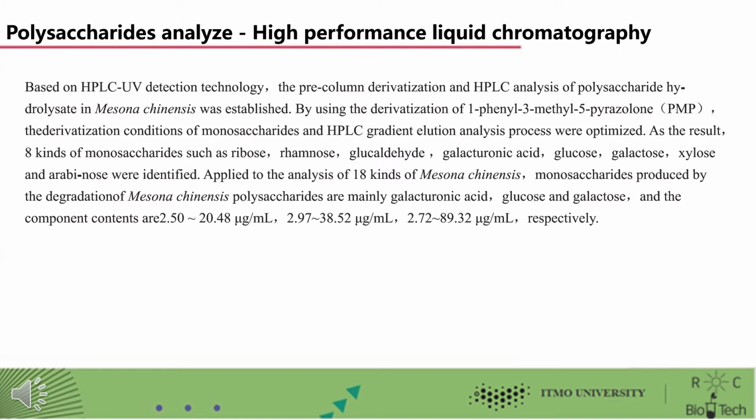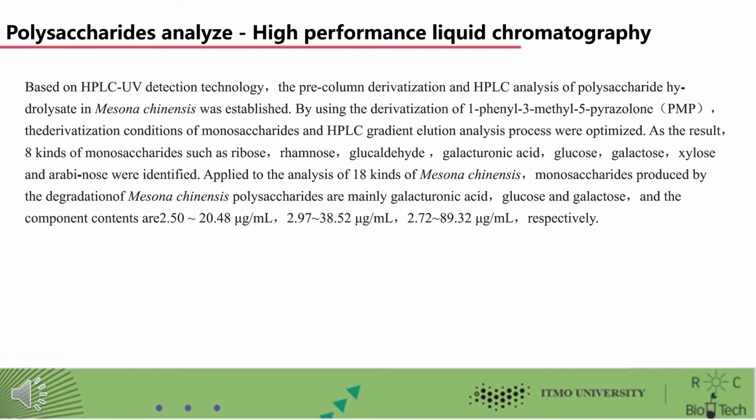The derivatization conditions of monosaccharide and HPLC gradient elution analysis process were optimized. As a result, 8 kinds of monosaccharide, such as ribose and arabinose, were identified.